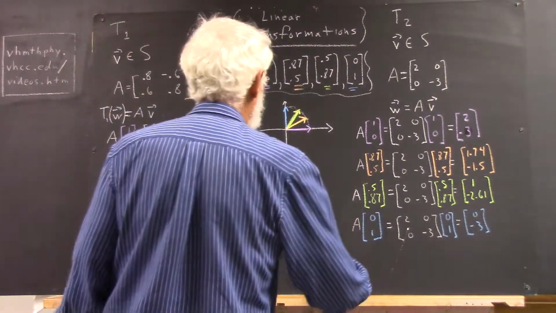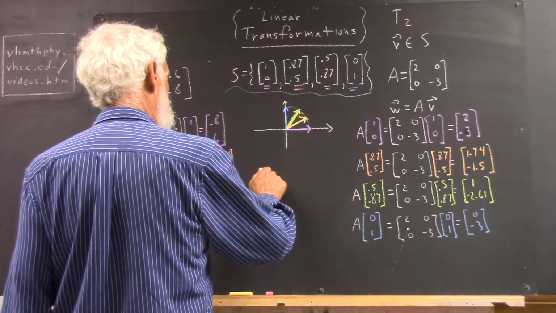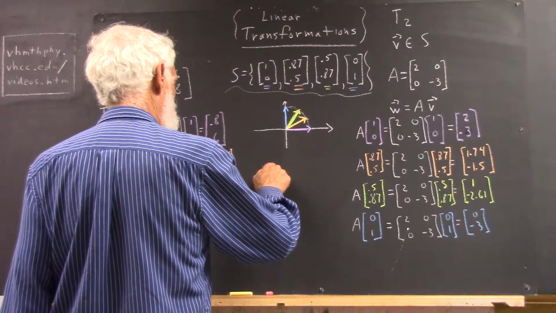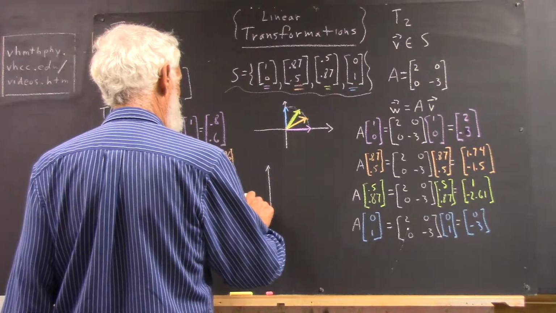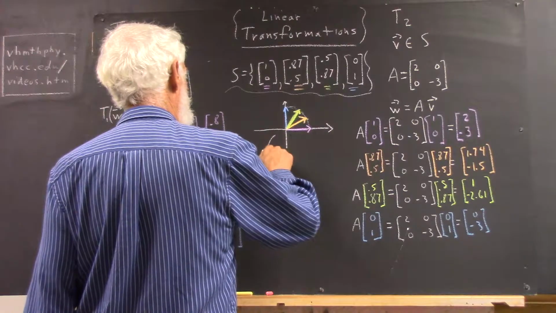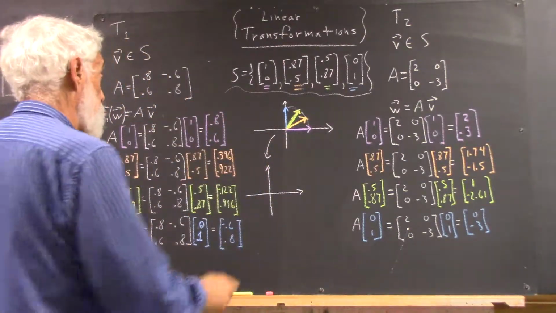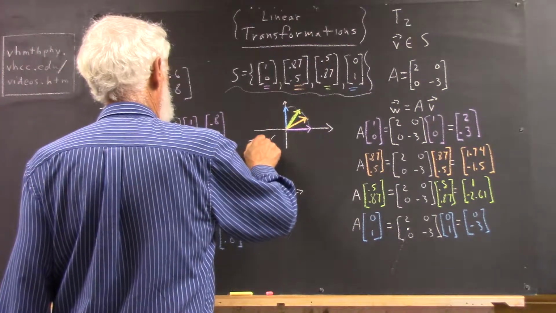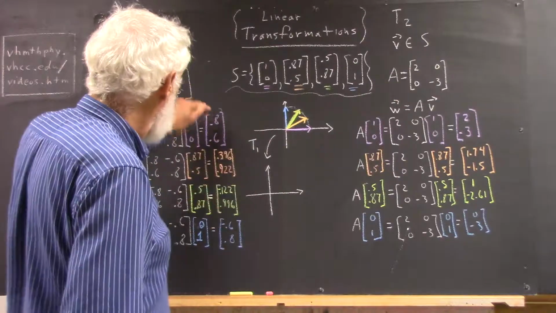Now, I'm going to draw 2 sets of coordinate axes here. One of them is going to contain these 4 vectors. So the transformation T1 takes these 4 vectors to these 4 vectors.